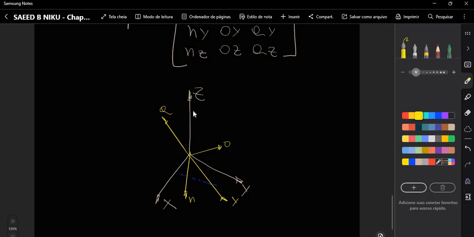Sorry, this axis. This is two, and this two. Now we will do the decomposition: Oz, Oy, and Ox.